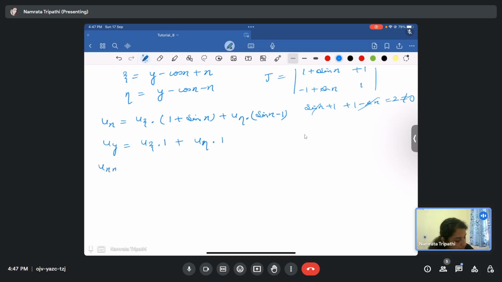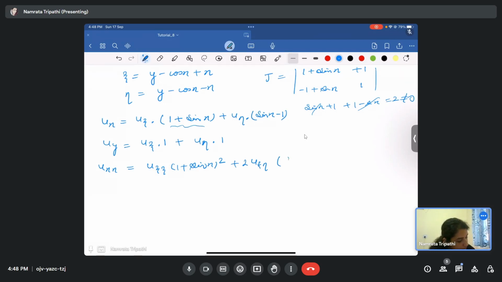Now you can calculate u of xx. u xi xi times xi of x square. This is xi of x. So 1 plus sine of x whole square. Plus 2 u xi eta, and xi of x into eta of x. Xi of x is 1 plus sine x and eta of x is sin x minus 1.